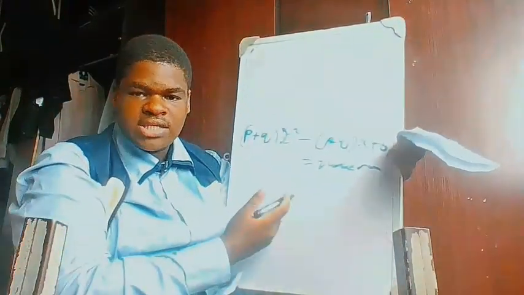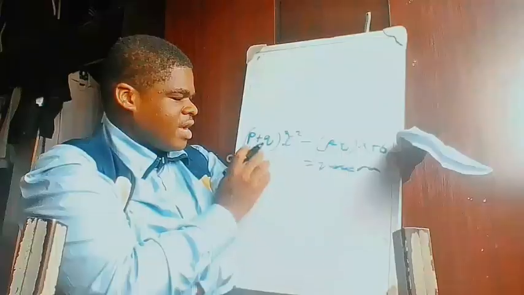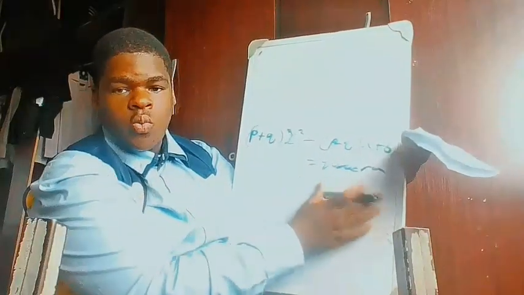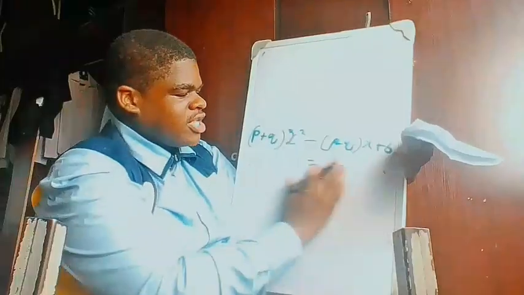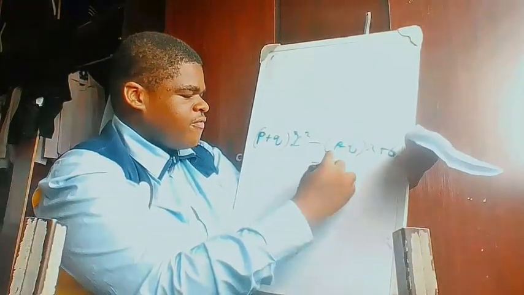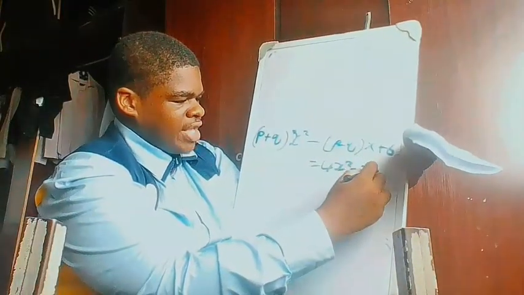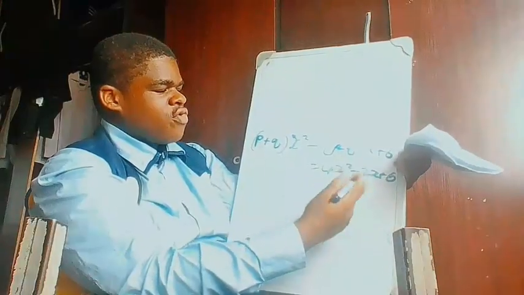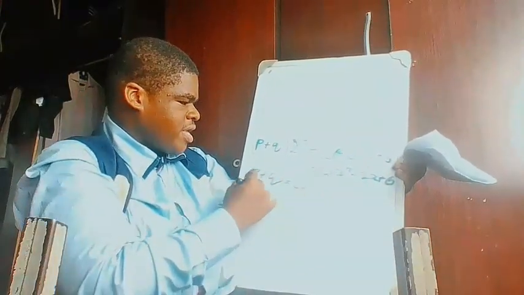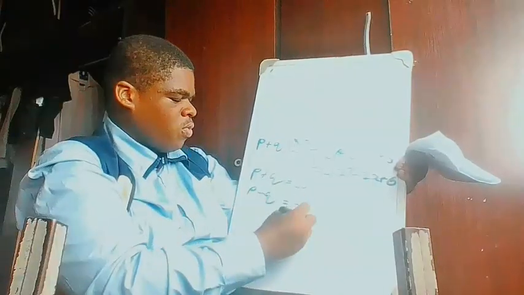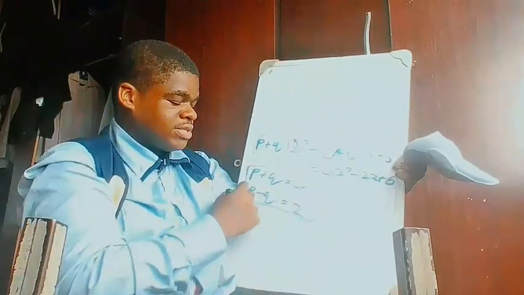You can see in this case it's not solvable because, for p plus q, you are not given what it represents in that quadratic. But let's say they gave us that quadratic as 4x squared minus 2x plus 6. Then if you compare the coefficients, you have p plus q is equal to 4 and p minus q is equal to 2. Then you solve this using simultaneous equations and you can get the value of p and q.